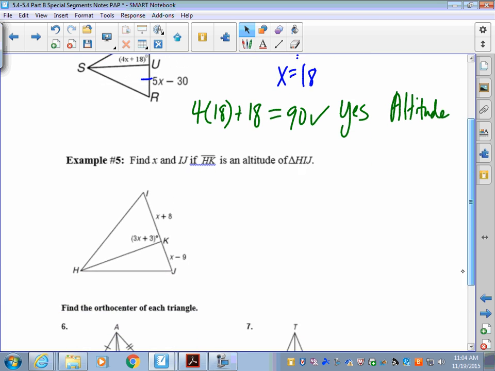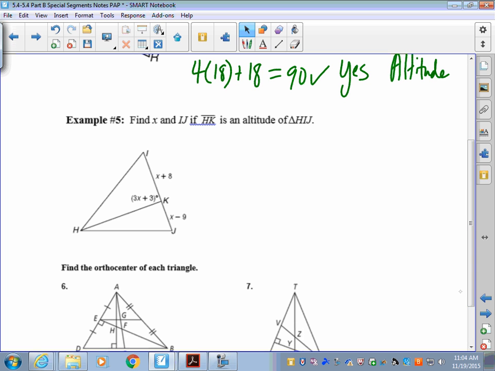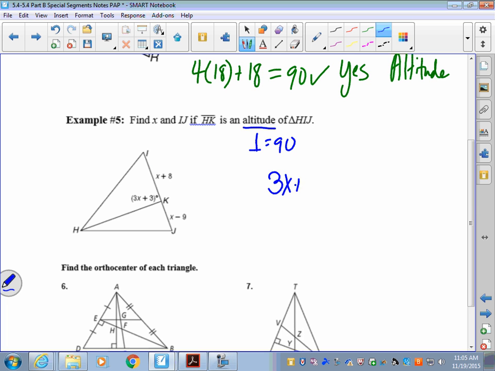So on the example 5, now they're telling me that HK is an altitude. Okay? Back to altitudes. What's so special about altitude? 90 degrees. So that means, yeah, the 3x, that's where I need to focus on. The 3x plus 3 equals 90. I don't use the sides.